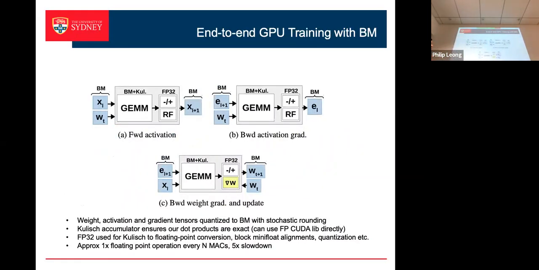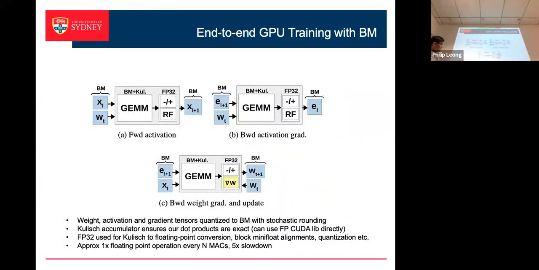Now, we haven't spoken about FPGA implementations yet. This is all on GPU. The way we do our forward activation is that we convert our numbers to block Minifloat values from a high precision, and we do that with stochastic rounding. So the weight, activation, and gradient tensors are quantized with stochastic rounding.